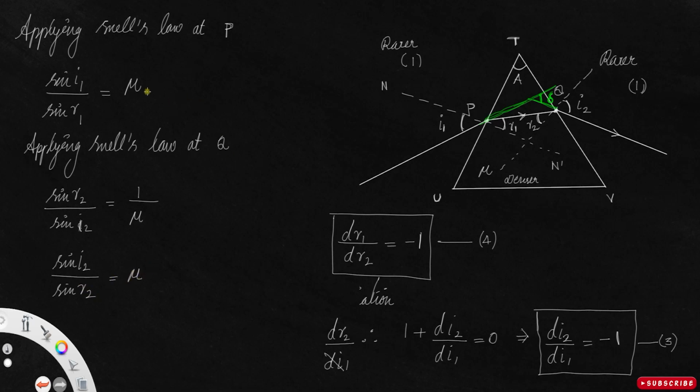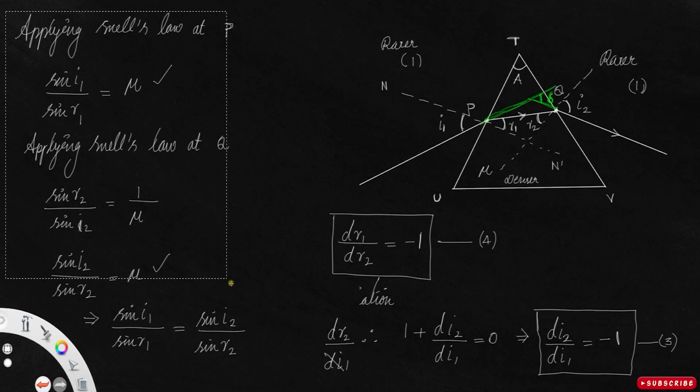So these two equations on the right hand side, it is mu. So I can write, the left hand sides must be equal. So sine I1 by sine R1 will be equal to sine I2 by sine R2. Clear? Now let me cross multiply this equation.